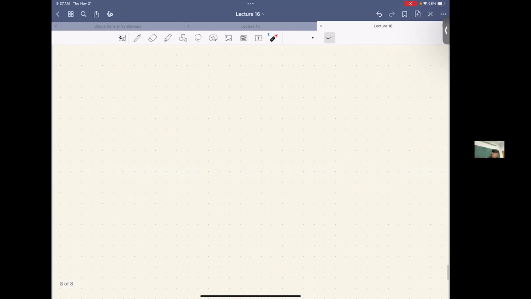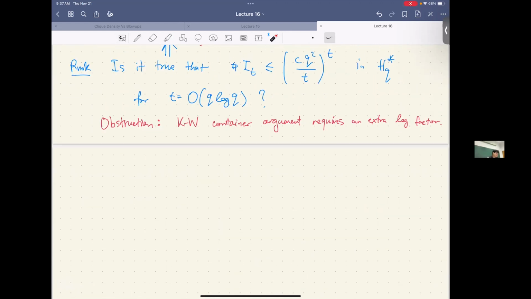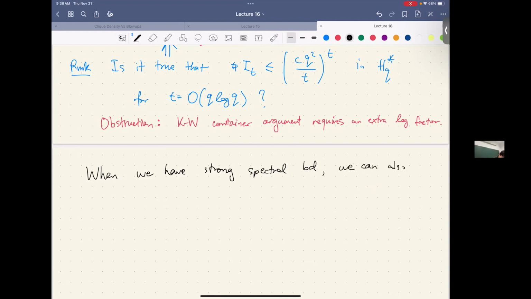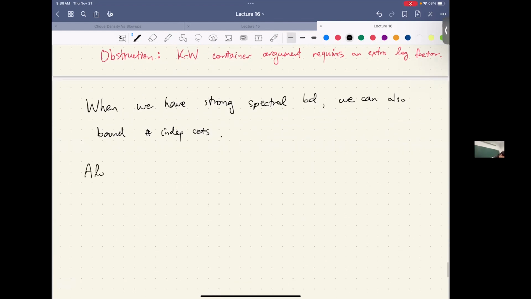Nonetheless, I would like to mention this spectral method to bound the independent sets. This is a result of Alon and Rödl in their paper for multicolor Ramsey numbers: when we have strong spectral bounds, we can also bound the number of independent sets.